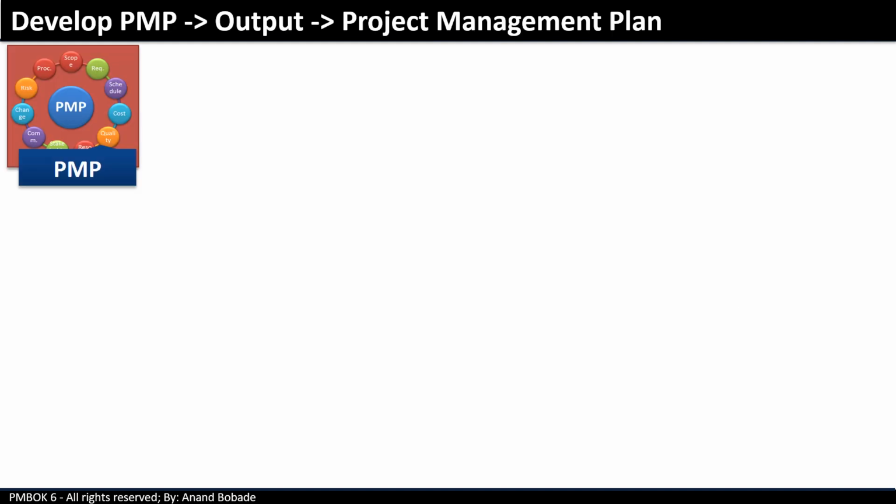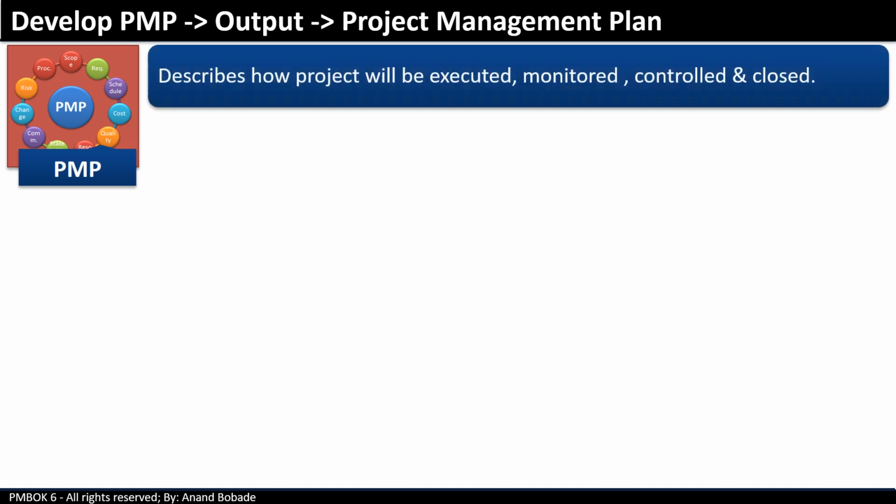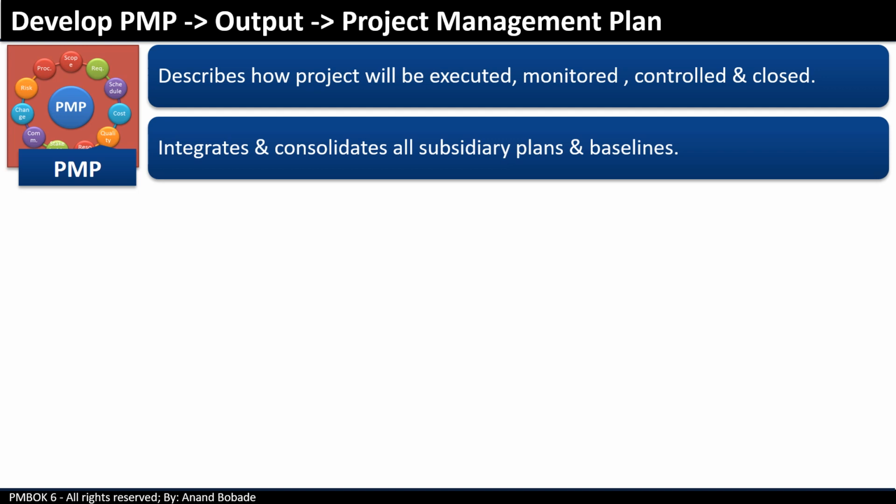Let's once again have a quick look at what the PMP is and what it contains. The Project Management Plan describes how the project will be executed, monitored, controlled, and closed. It integrates and consolidates all subsidiary plans and baselines.